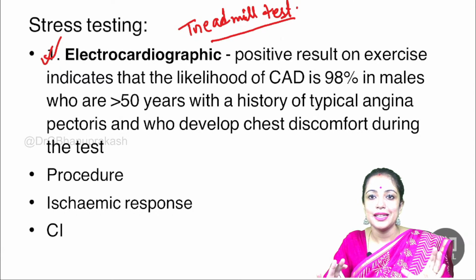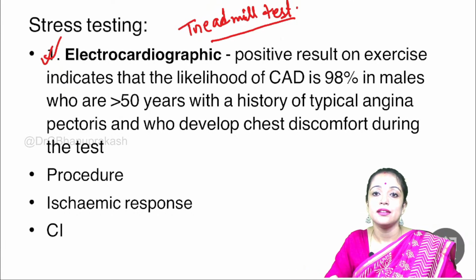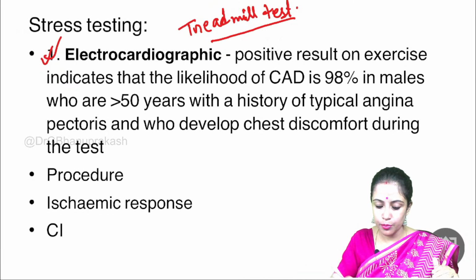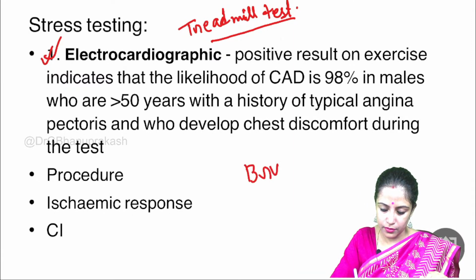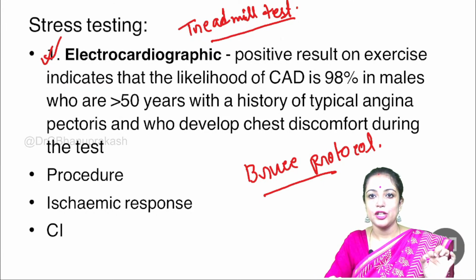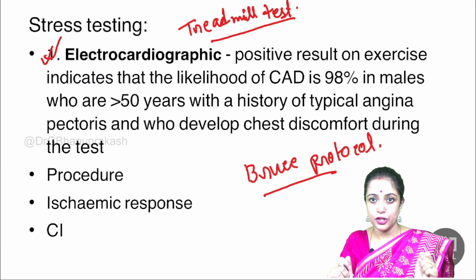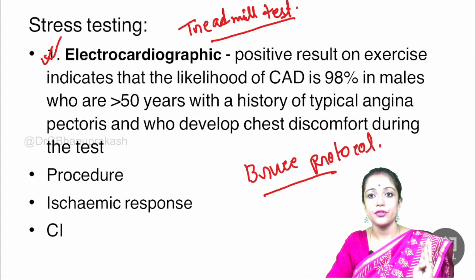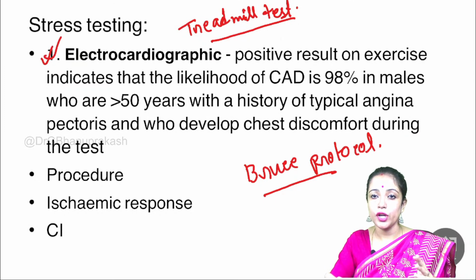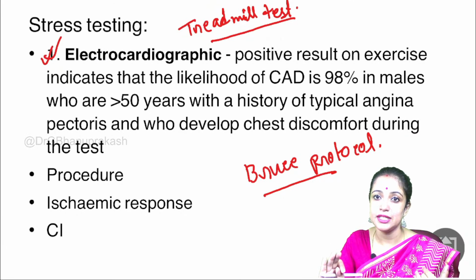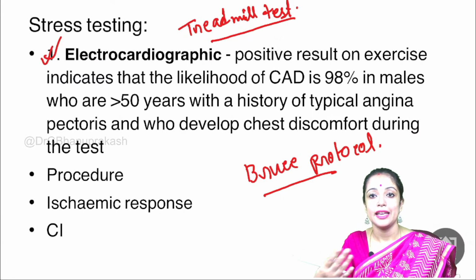So there will be an incremental increase in the external workload following the Bruce protocol. The patient has to jog on the treadmill, and the blood pressure, heart rate, and ECG of the patient will be recorded before the patient starts exercising, during the exercise period, and also after the exercise.